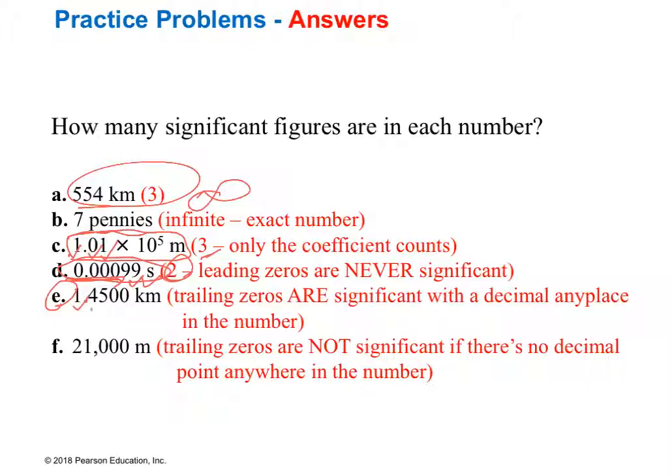So every single digit in this number is significant. That leaves you with, oh, I didn't say, did I? That's 5. Okay, anyway, that has 5. And the very last number, there is no decimal point, and so we can't count those as sig figs. So this one only has 2 sig figs.